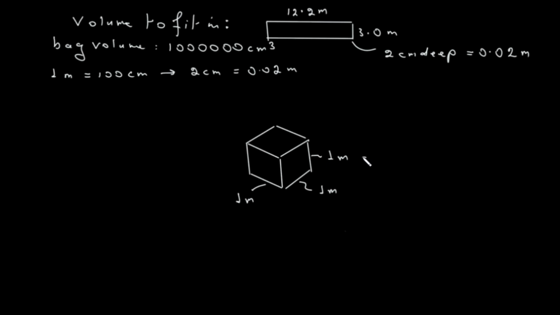So the volume, multiplying together, is 1 meter times 1 meter times 1 meter, or the same volume in centimeters, 100 times 100 times 100.